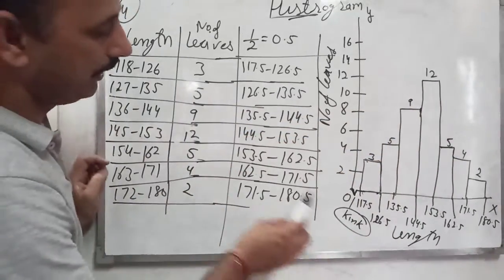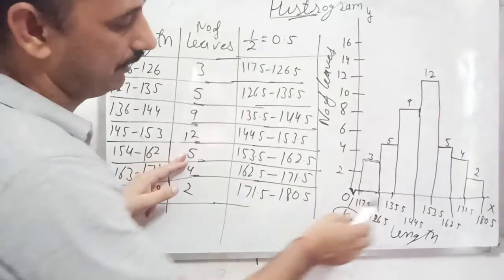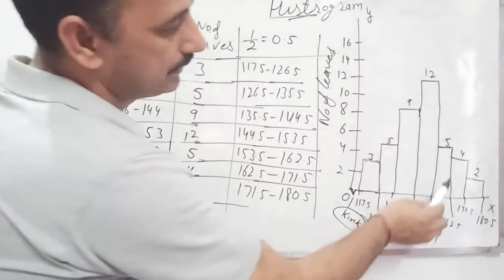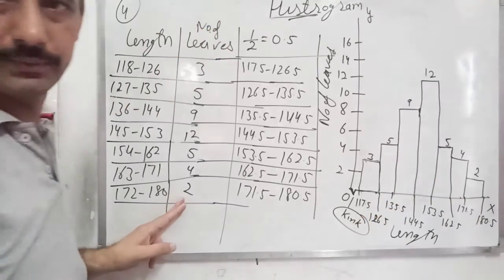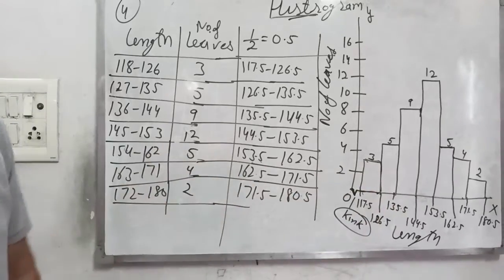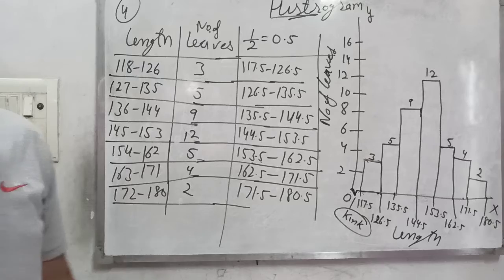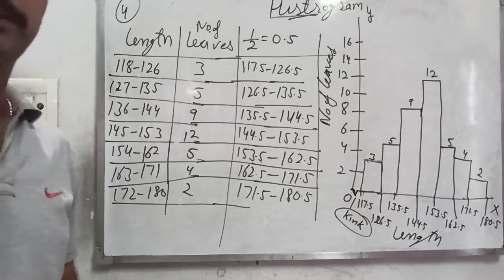That interval is 153.5 to 162.5, right? The next one has 4, and the last one has 2 leaves. So in this way we represent the histogram, right?